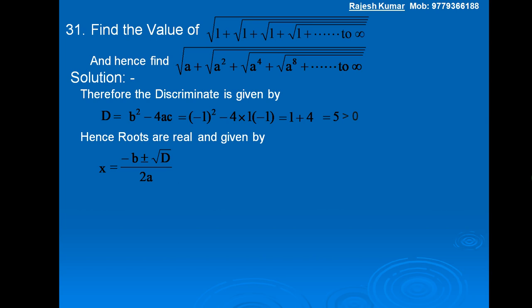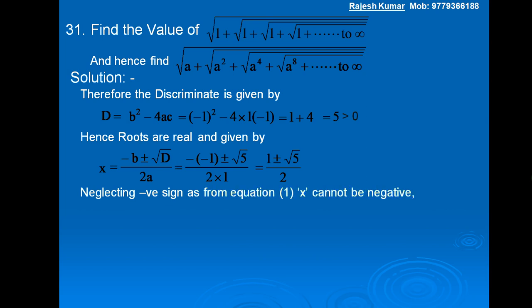Putting the values, this is equal to minus into minus 1 plus minus square root 5 whole upon 2 into 1. Now minus into minus becomes plus, so this is equal to 1 plus minus square root 5 upon 2.